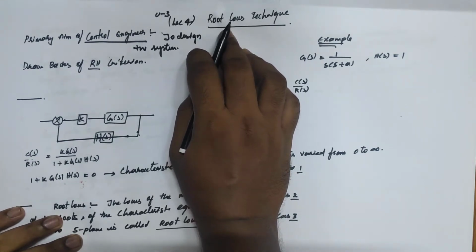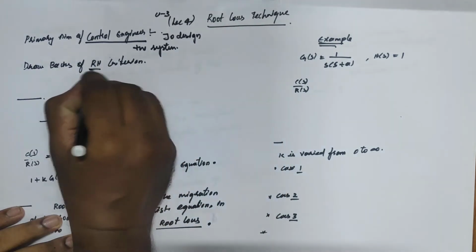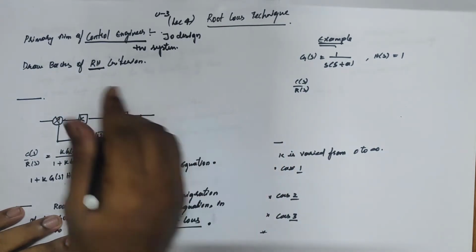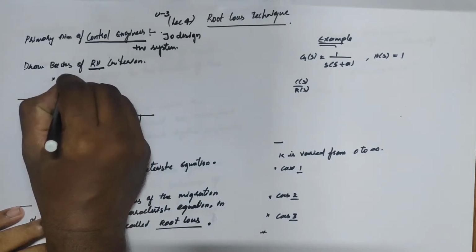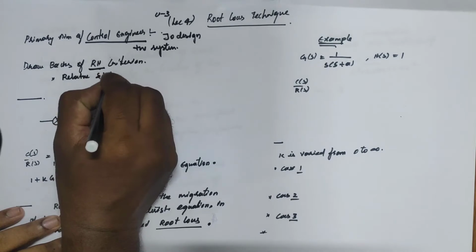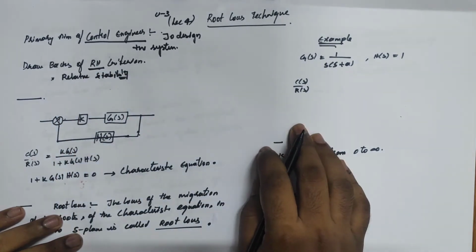Okay, so we'll see the drawbacks of Routh-Hurwitz criteria. In Routh-Hurwitz criteria, we cannot study the relative stability. So relative stability can't be studied. I will explain what relative stability is.